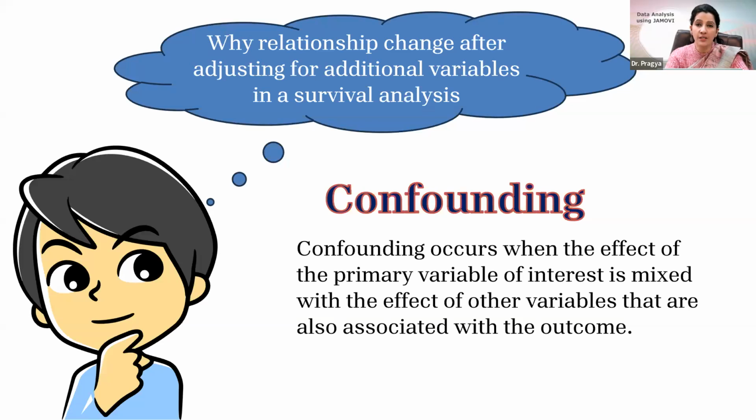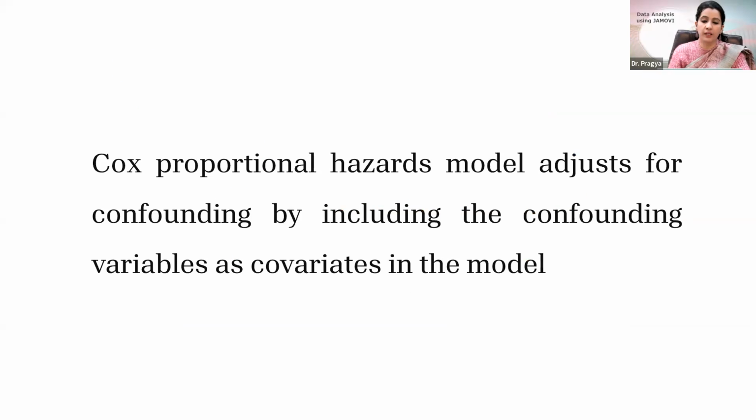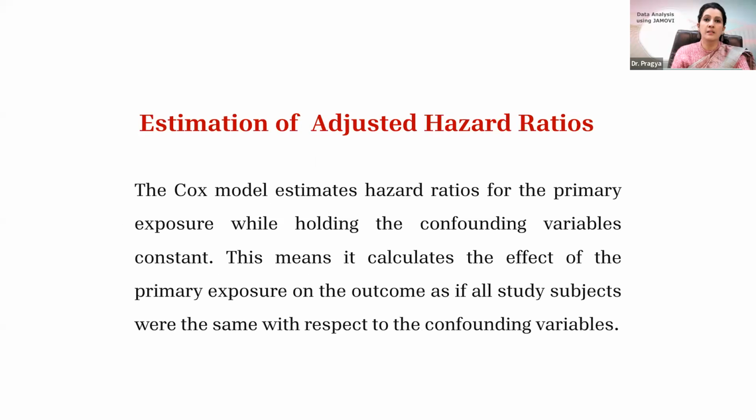So this adjusted model, the Cox proportional hazard model, is one way where you can control for these confounders and see the independent effect of the variable over the outcome, taking the time to event data. The Cox proportional hazard model adjusts for the confounding by including the confounding variable as a covariate in the model.